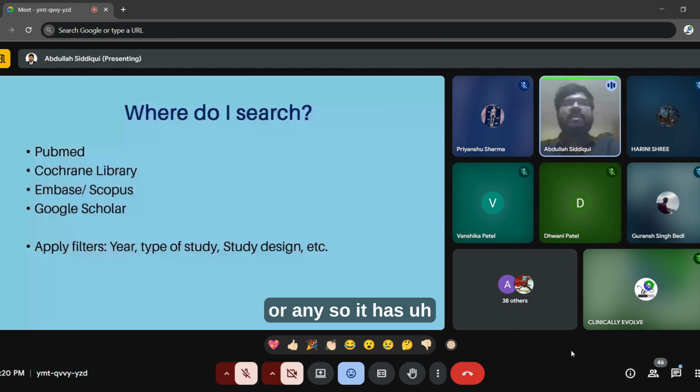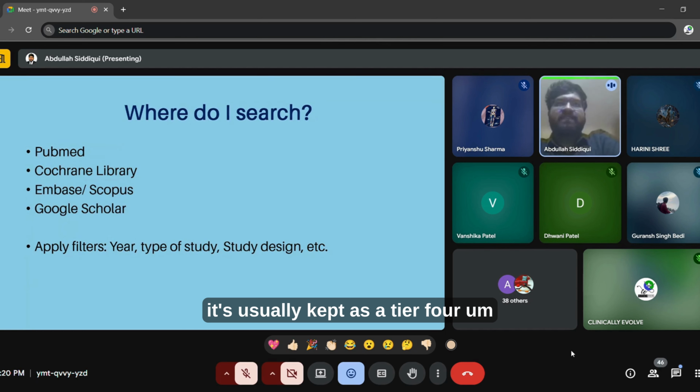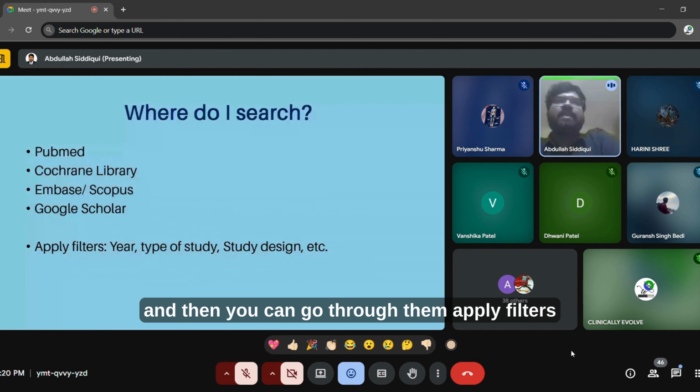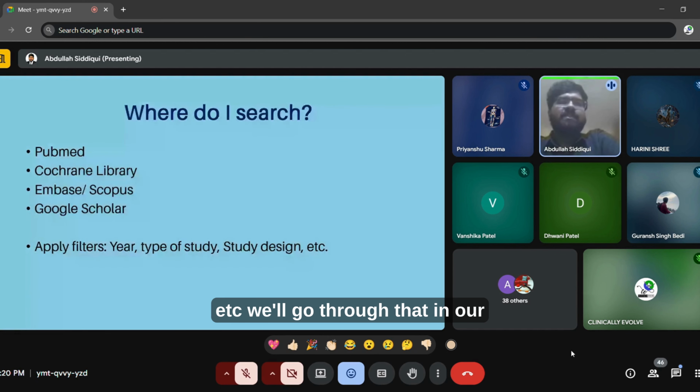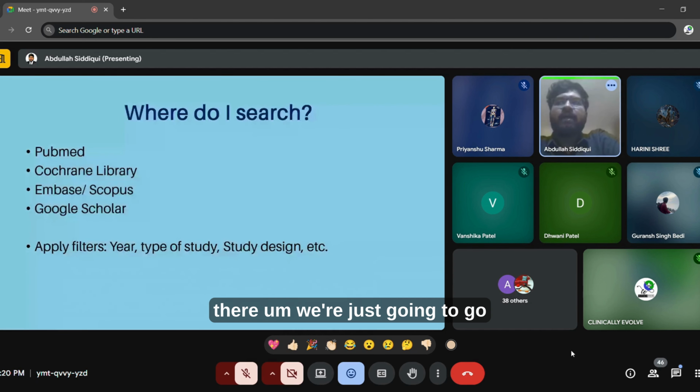So it has more studies as compared to PubMed because it's easier to index them, but it's usually kept as a tier four database for us to search through. But yeah, these are the four main databases where we search, and then you can go through them, apply filters, etc. We'll go through that in a live demonstration on how to search.